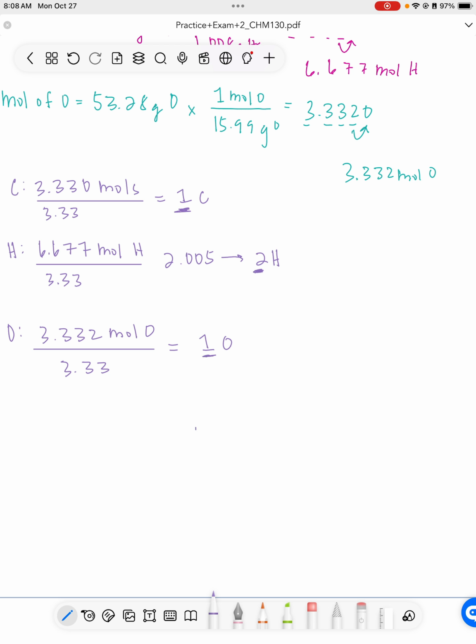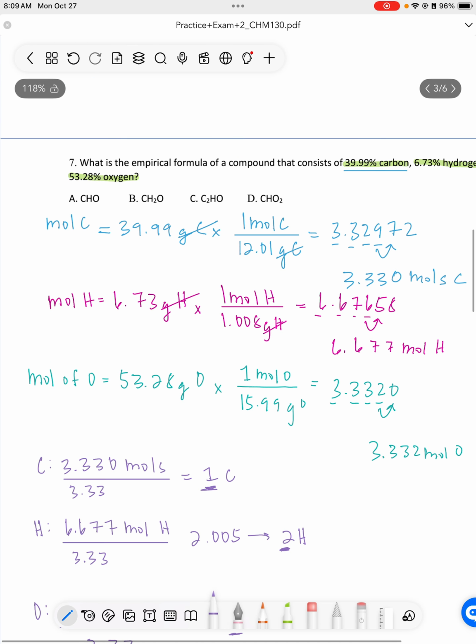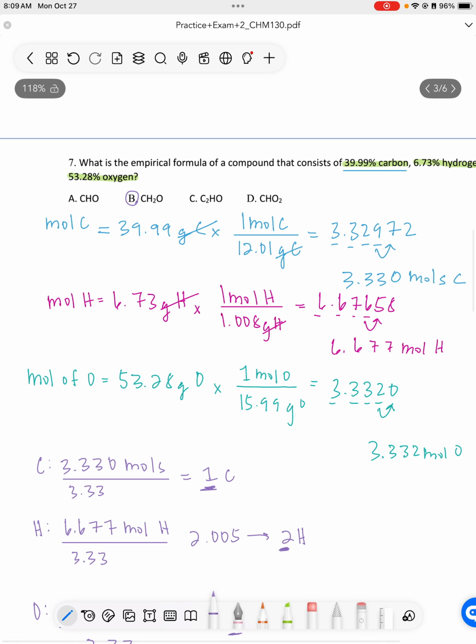So we have 1 carbon, 2 hydrogens and 1 oxygen. Just like that. And the way to best write the combustion equations is to remember chocolate. They go in the order of carbon, hydrogen, and oxygen. C-H-O, chocolate. So that's our empirical formula. Let's go back up and make sure that we have an answer, and we do. It is B.